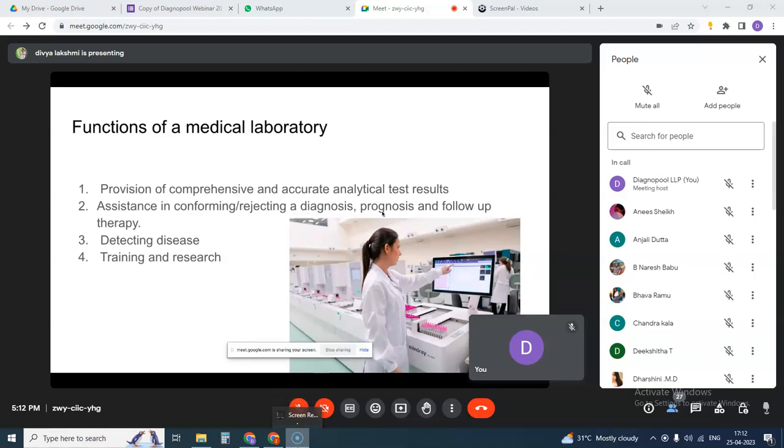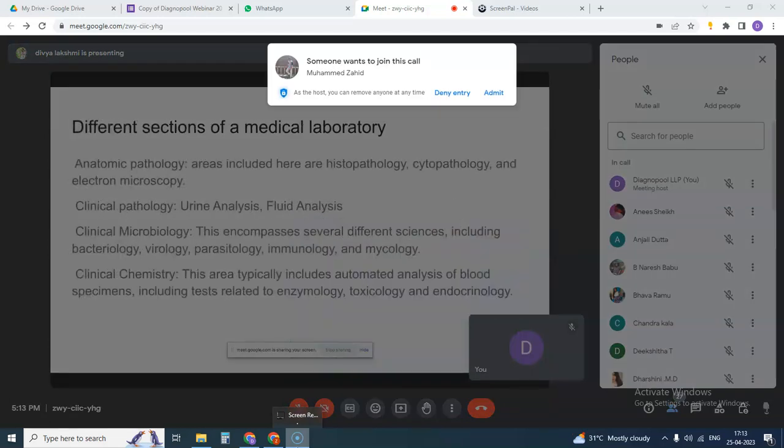Again, the tests will help in the prognosis of the disease, the therapy, and follow-up of the treatment. It will help in detecting the disease. Labs can also give training to various medical students and other technicians. Labs are also used for various research purposes.